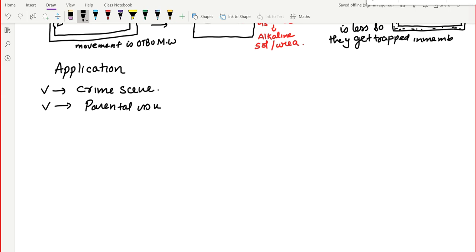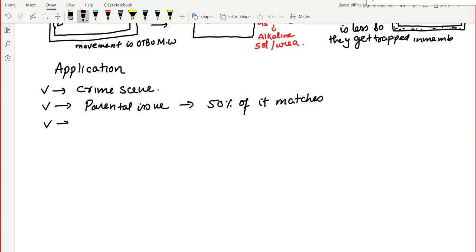For example, if we are in a class and a girl comes and says that Rishikesh is the father of her child, now the problem is there. What will we do? We'll take the DNA sample of Rishikesh and the DNA sample of the child, and if 50% of it matches, then congratulations Rishikesh, you are the father.